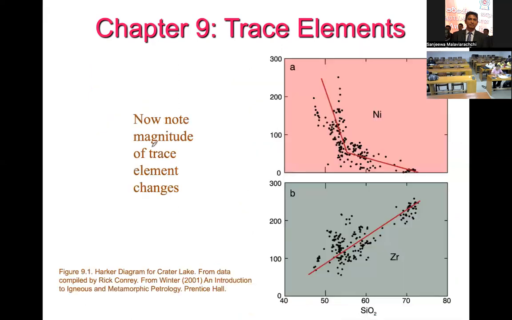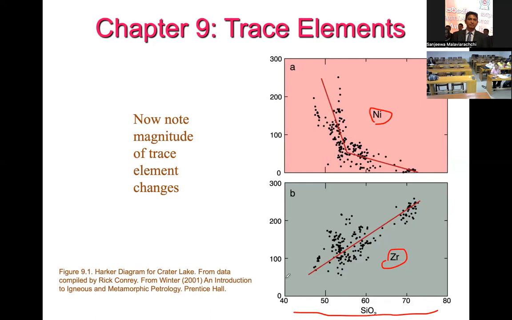But if you compare that with trace elements, for example, we have one trace element here, nickel, and another one here, zirconium, for the same range of silica composition. That means it should cover all the rock types, from ultramafic to highly felsic.